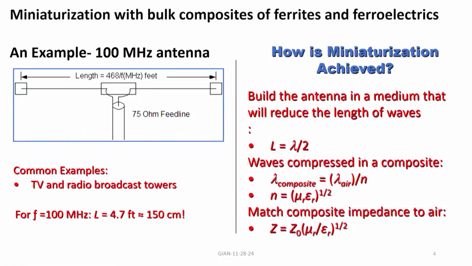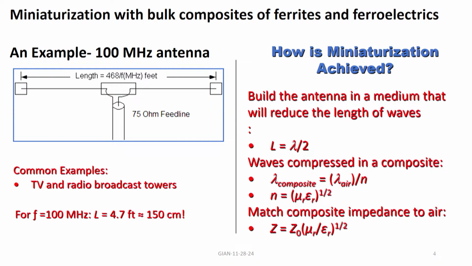If the wavelength in air is lambda and the index of refraction is n, then the wavelength inside the material is lambda in air divided by the index of refraction. The index of refraction is the square root of the product of the relative permeability and relative permittivity. That is fine, you can do it.